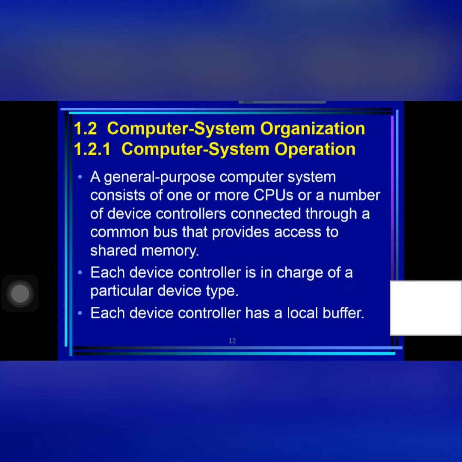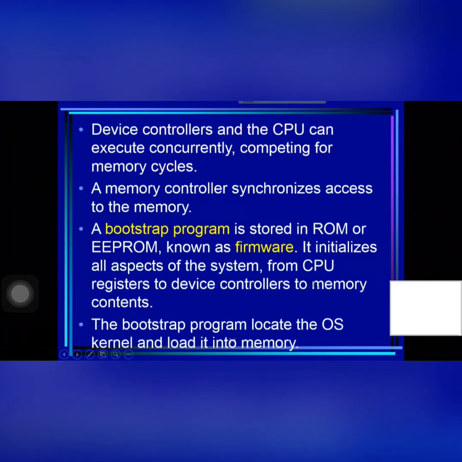For a computer to start running, for instance, when it is powered up or rebooted, it needs to have an initial program to run. This initial program, or bootstrap program, tends to be simple.